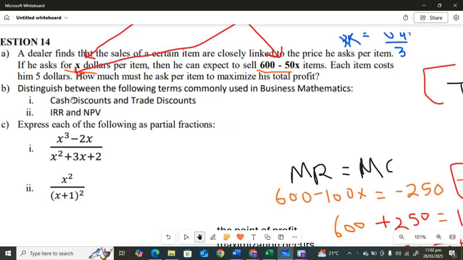So, a cash discount, this is where you are trying to make people pay fast. If you sell goods on credit, sometimes you don't know how long it will take the person to pay you back. So one way to entice them to pay you back is to say, the money that you're owing me, I will give you a discount.